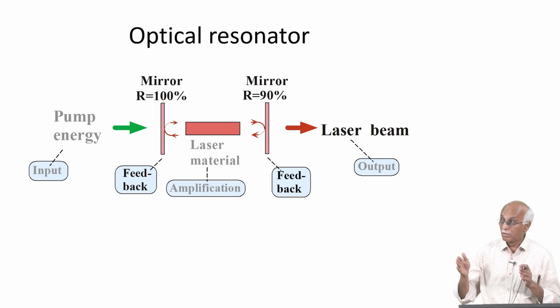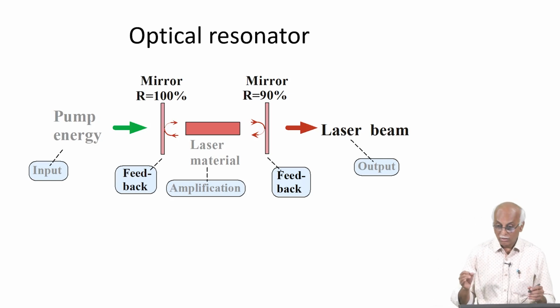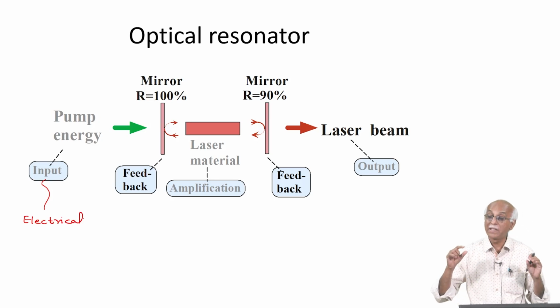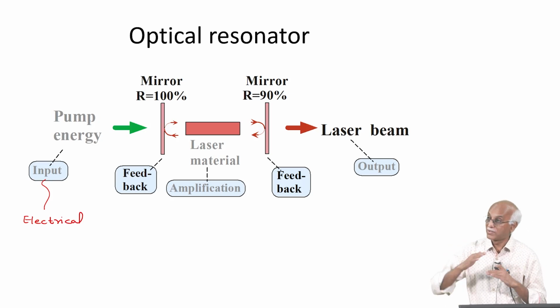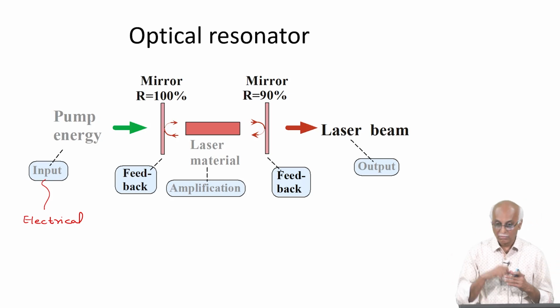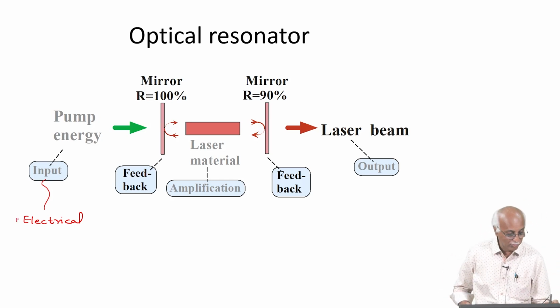And so, pumping can be electrical pumping, input pump energy can be electrical. In case of a semiconductor material, we provide electrical input to bias the semiconductor material, forward bias is good enough.